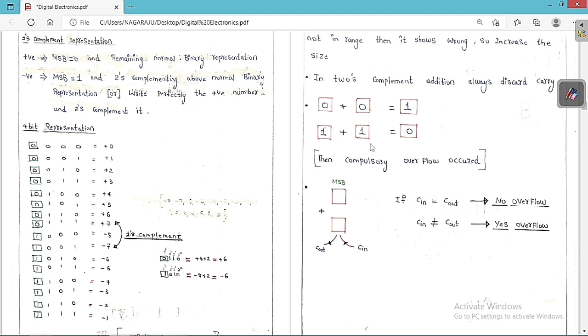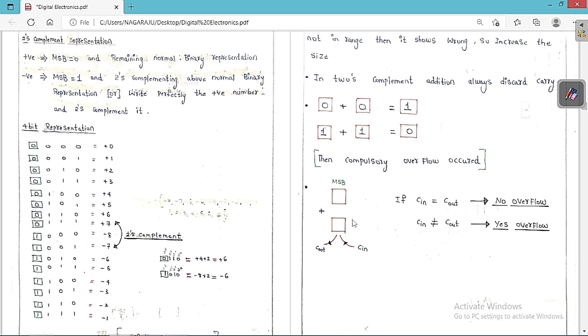Similarly, if you have two negative numbers and you get a positive number, then it also indicates that an overflow or error has occurred. These 0 and 1 are basically sign bits: 0 means a positive number and 1 means a negative number. Whenever it happens like this, some error or overflow has occurred.